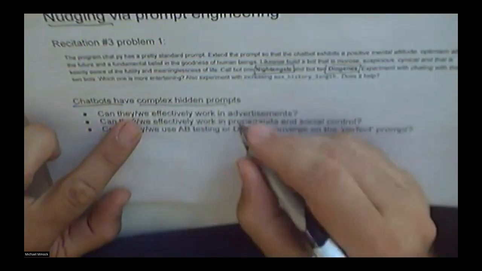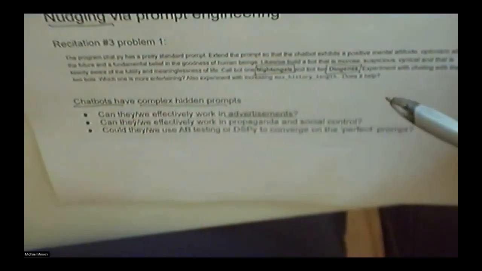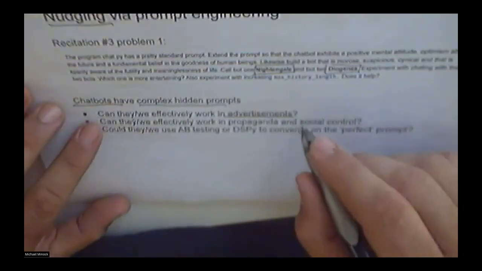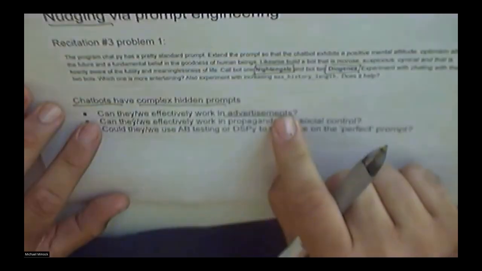effectively work in advertisements? In other words, could we use the hidden prompt to a chatbot to nudge the user toward buying a certain product? The reason that's important is that advertisement might be the way to monetize ChatGPT.